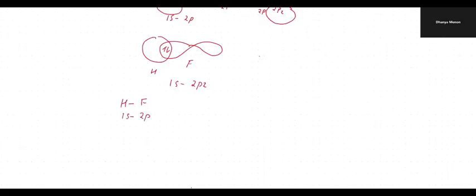Similarly, HCl, the overlapping is between 1s and 3p. It can be 3px, 3py, or 3pz. Next one is HBr: the overlapping is between 1s and 4p. Hydrogen iodide: overlapping is between 1s and 5p.